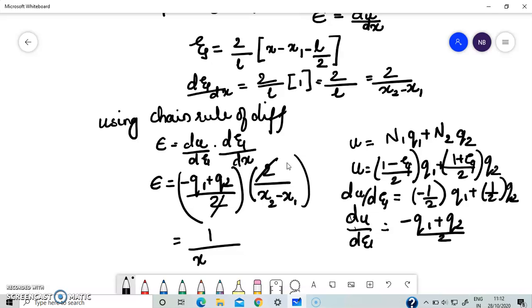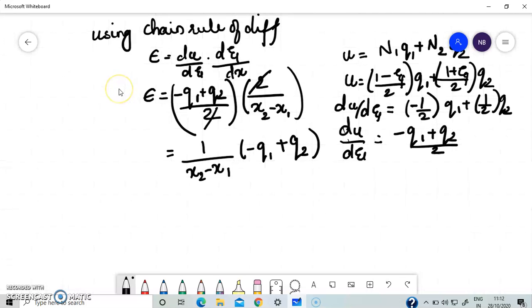So we have 1 upon (x2 - x1) into (-q1 + q2). This is of the form epsilon equals B into q, where B is a 1 by 2 element strain displacement matrix.